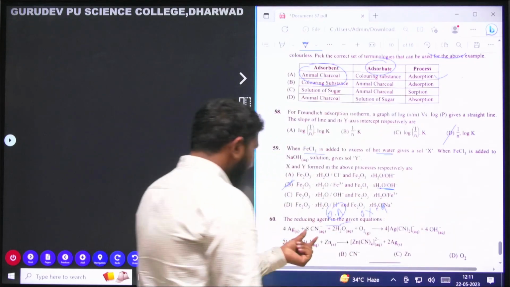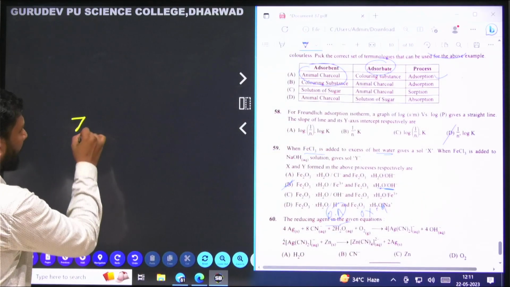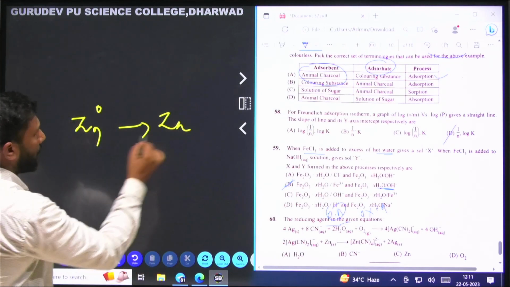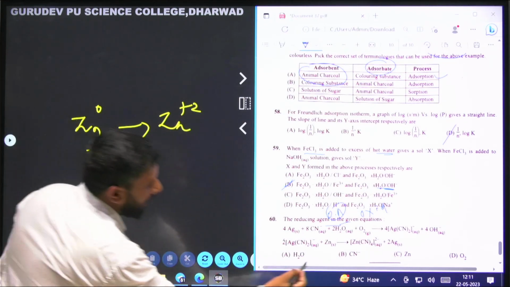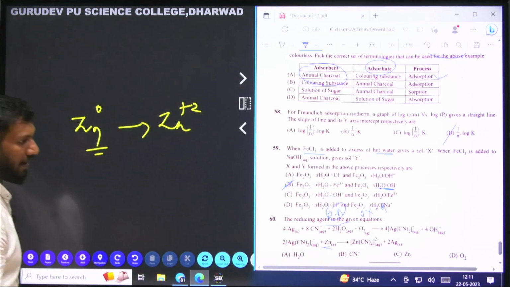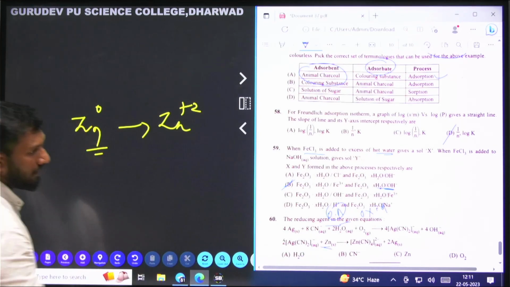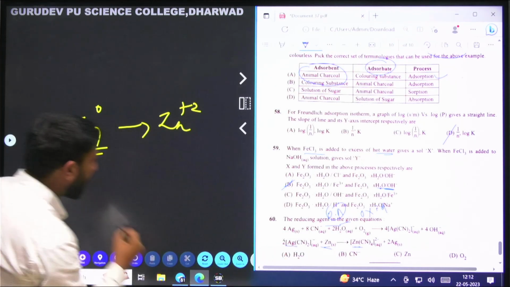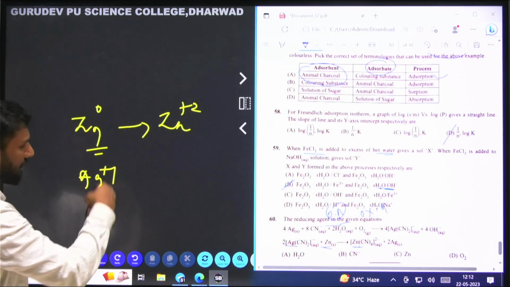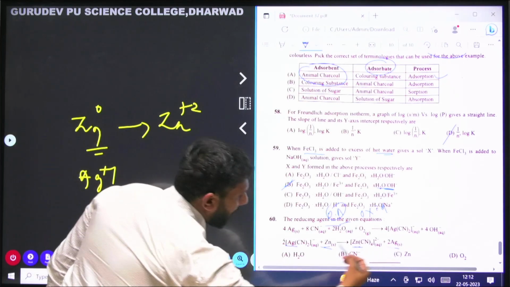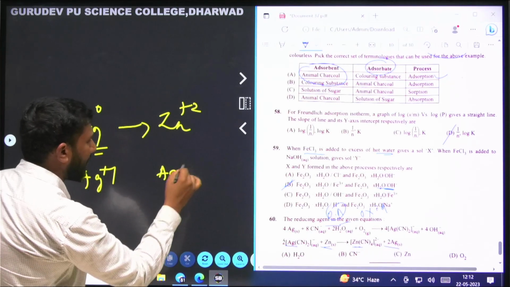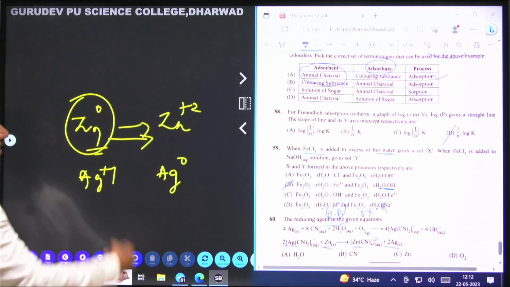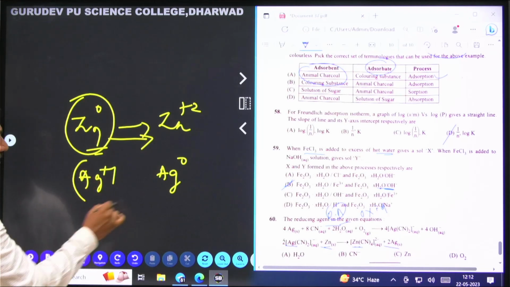So when we observe these two reactions, the oxidation state of zinc varies from Zn0 to Zn plus 2, because zinc in uncombined state has oxidation state considered as 0. So in this case, the oxidation state of zinc is plus 2. Similarly, Ag has oxidation state plus 1, and on the product side Ag has oxidation state 0. So that means zinc undergoes oxidation by reducing silver.